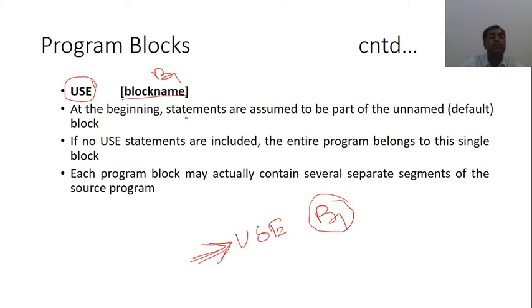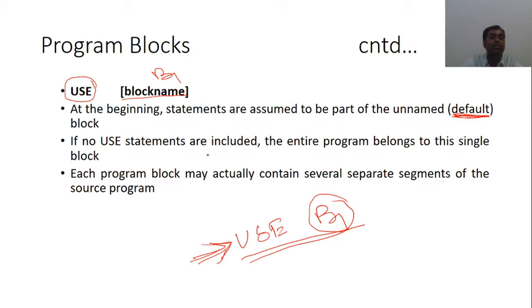At the beginning, the statements are assumed to be part of an unnamed block, and the unnamed block is considered the default block. That means if I do not get this instruction at the beginning, then it is assumed that all the instructions before the USE instruction are in the default block.